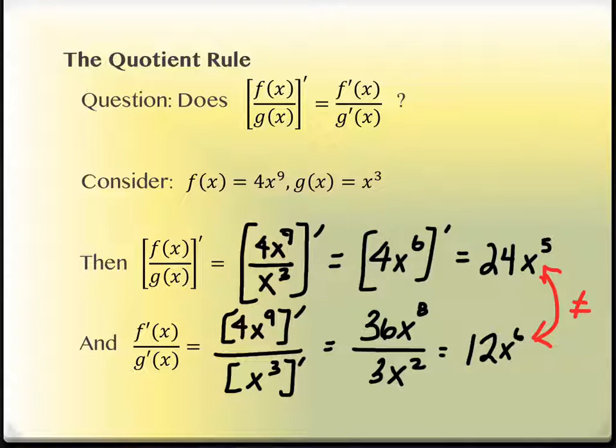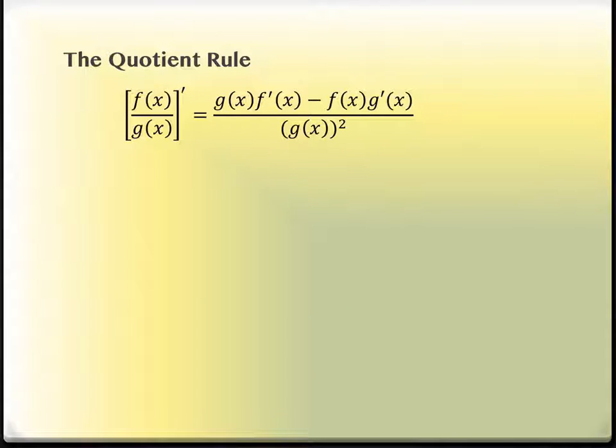So just like the product rule, we have a different form for what the quotient rule actually is. And this is it. And what you'll notice in the numerator of the quotient, it is very similar to the product rule. What's different? g of x comes first, then f, and there's subtraction. It's in a different order than I expressed it when I did my version of the product rule, but the real difference is that it's subtracted in the middle instead of added.